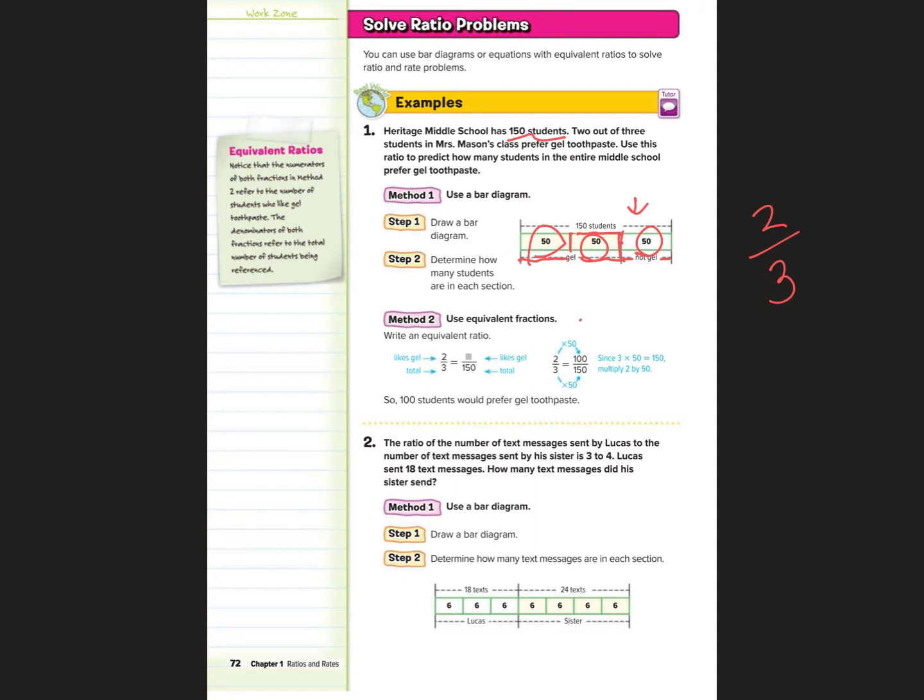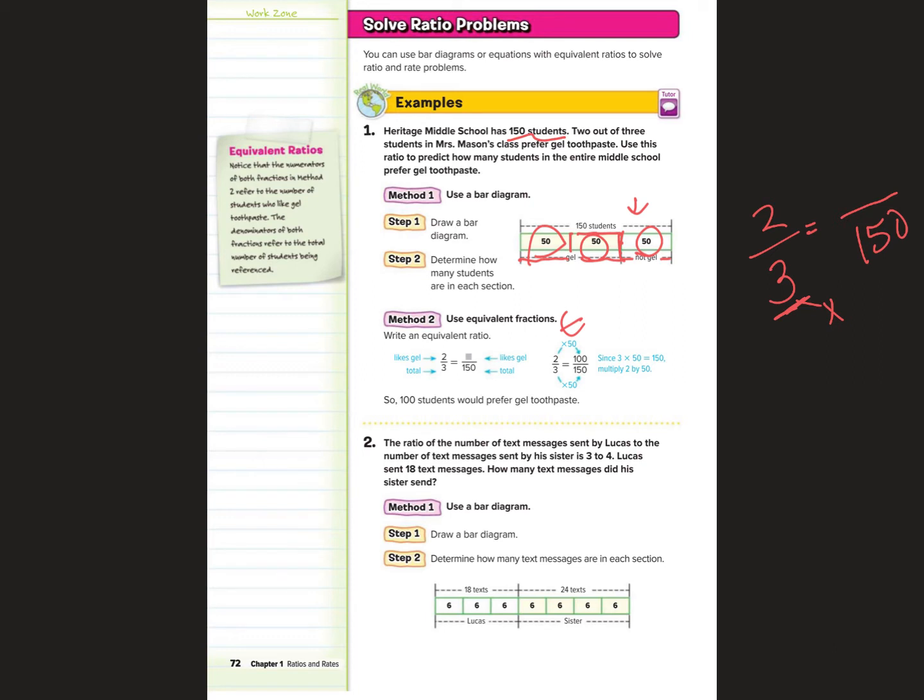Another way, which is my fave, is to use equivalent fractions. We'd use our base ratio of 2 to 3, and I know that my total, down here, out of every 3, my total number of students is 150. So what do I need to multiply 3 by to get to 150?